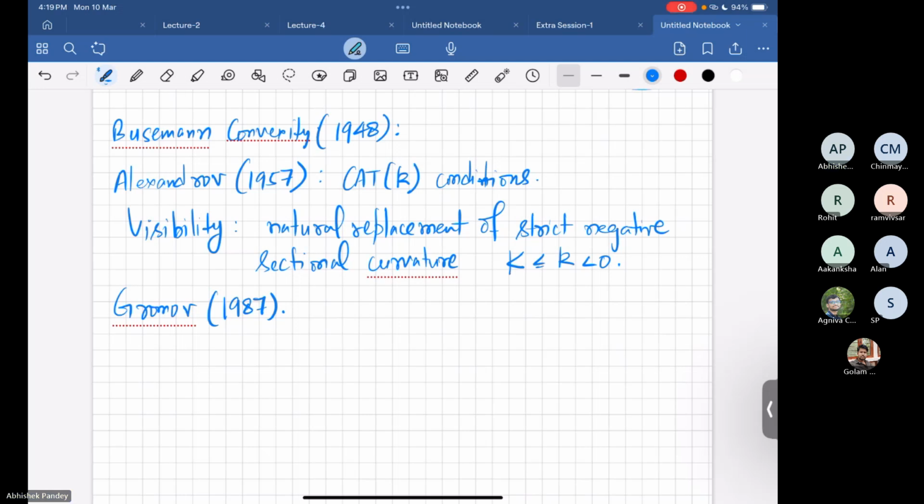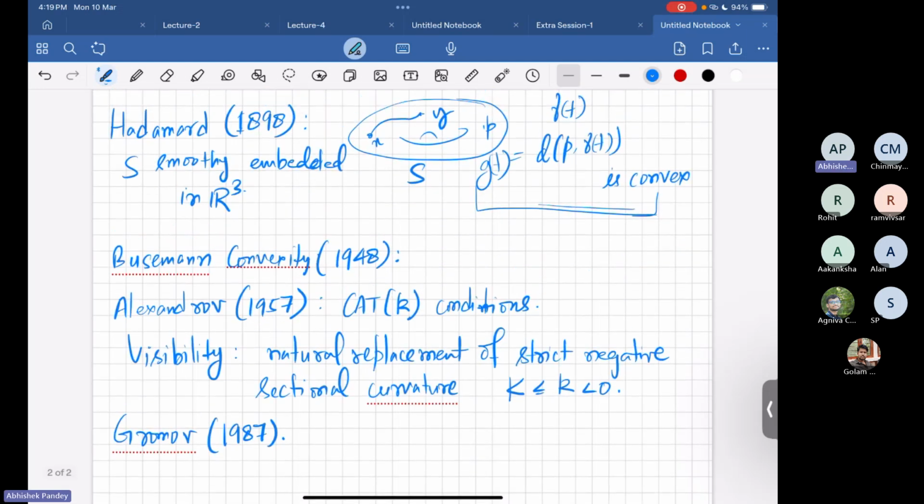In this talk, we will be mostly focusing on Alexandrov geometry, meaning the CAT(K) conditions, and it will be a short introduction to CAT(K) spaces. In the next lecture we will talk about Gromov hyperbolicity, and visibility we will talk about once we talk about the notion of boundary at infinity.